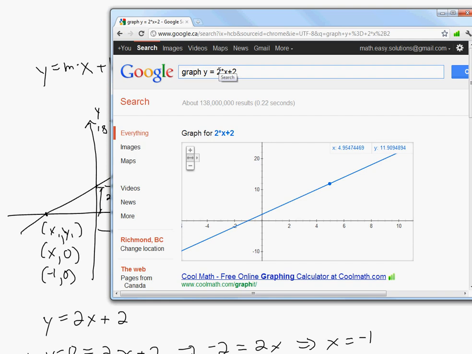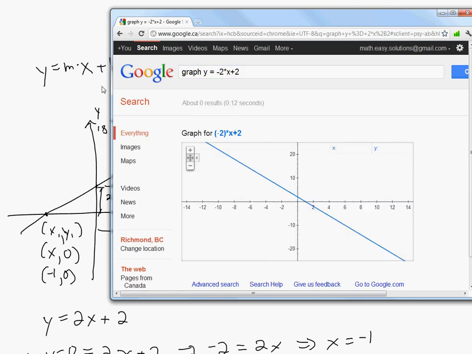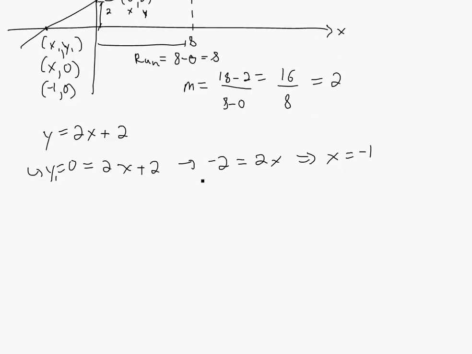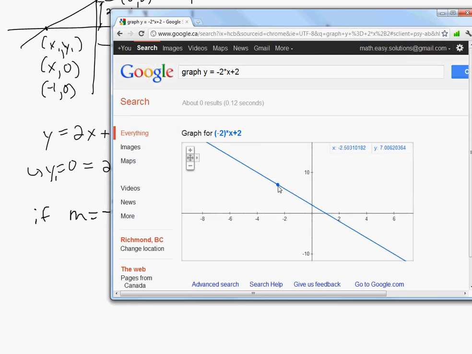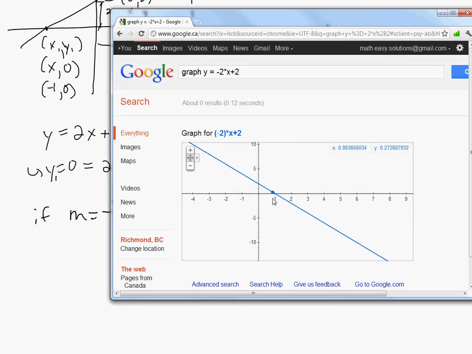Now if m equals negative 2, this just means you go down every time. So it's the same thing, but notice how it's inversed here. Instead of negative 1, it's 1, and this is still 2 again.